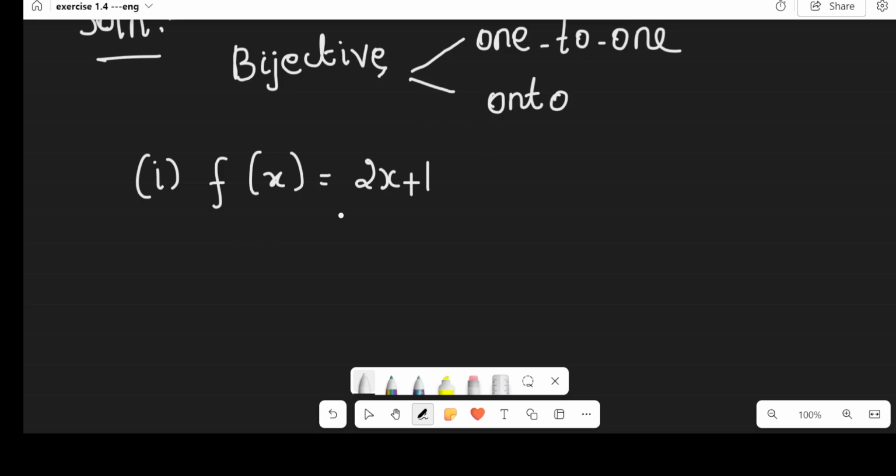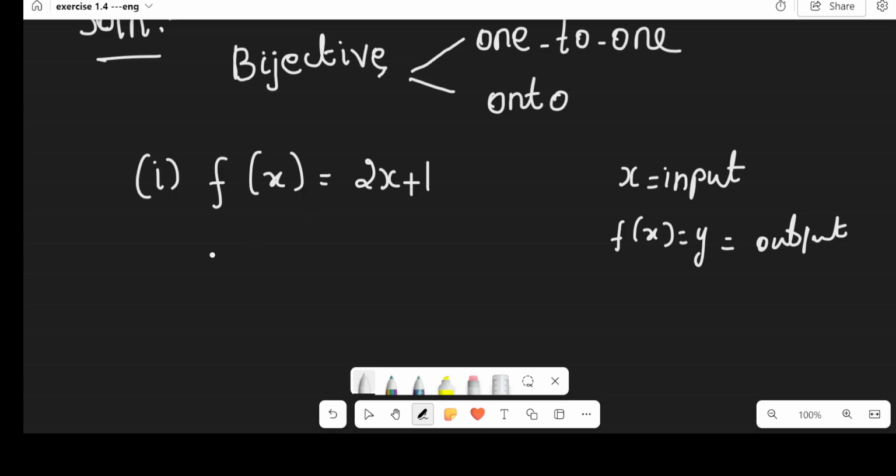For that, we are going to provide different values for x. We can say x is input, and f of x is y, or we can say output. We provide different values for x, the input, and we'll be getting answers. If all the outputs are different, we can say this function is one-to-one.